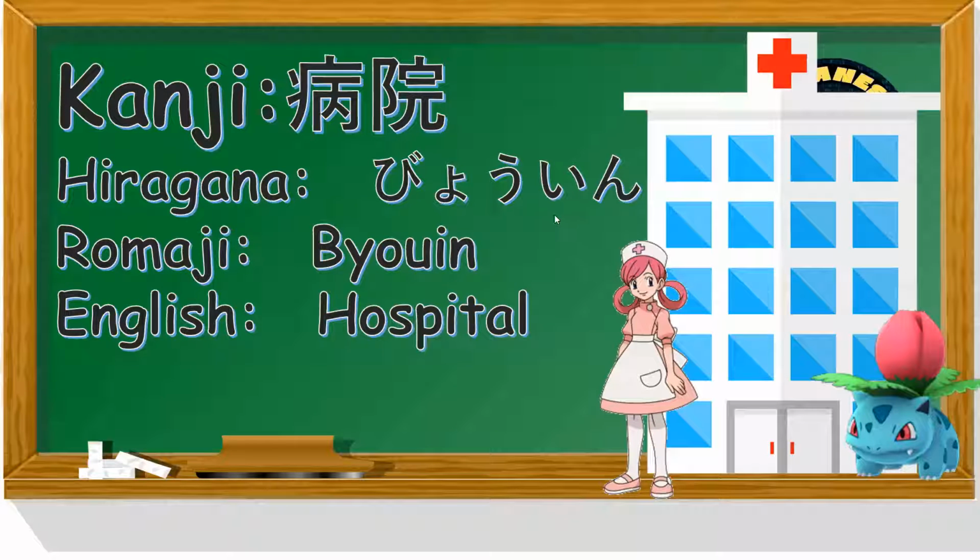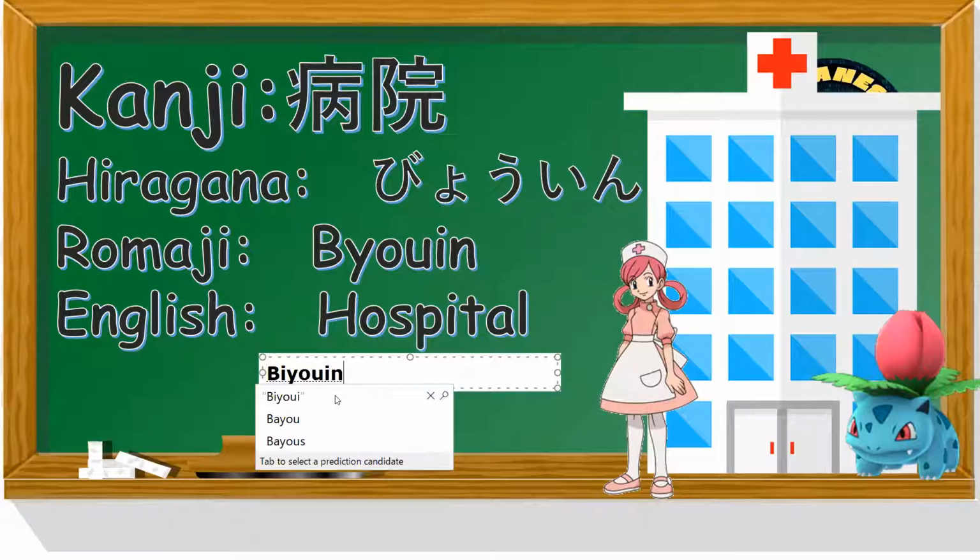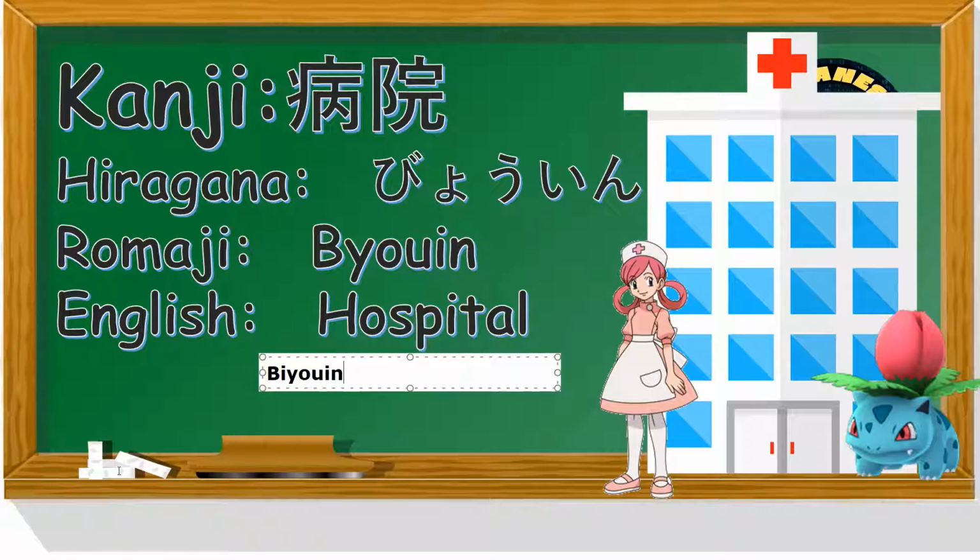Next word, we have byoin. Byoin means hospital. So be careful to pronounce that word because we have another word that is also called biyoin, and it has a different kanji as well.